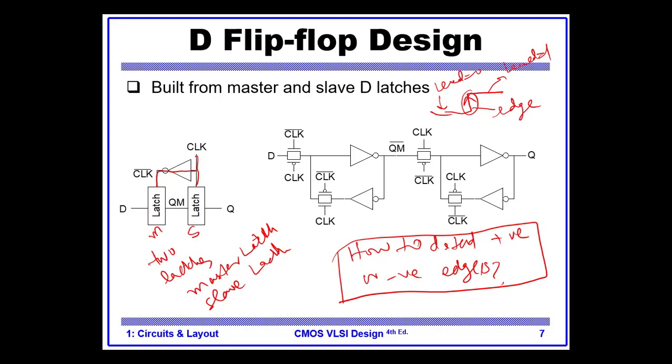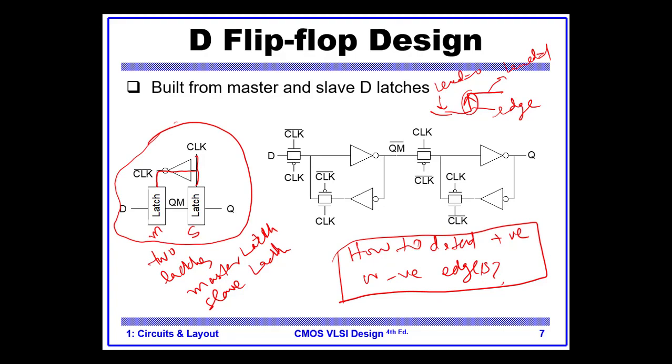And what is it made up of? It is made up of two latches which are both level sensitive. So how can two level sensitive elements combine and give you something which can detect the edges? The answer lies in this magic configuration, called the master-slave configuration.